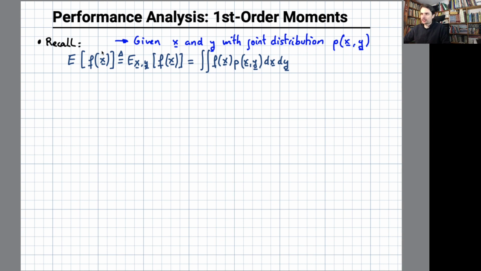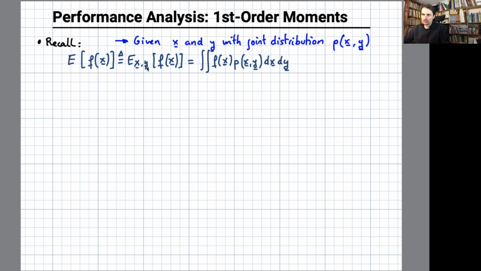and let us reflect about what an expectation of a function that depends on only one of those vectors represents. So as per our notation, whenever we write an expectation without any subscript, this means that we are actually computing an expectation over all random variables.